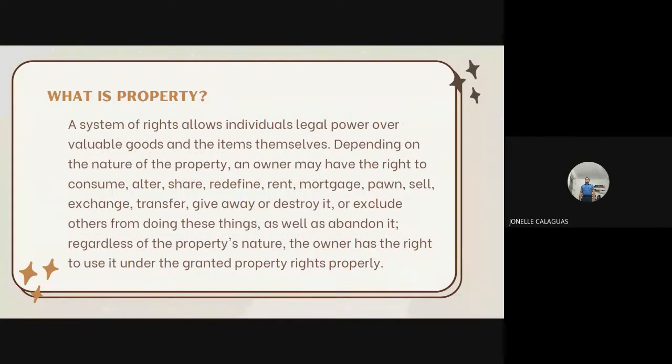What is property? A system of rights that gives individuals legal power over valuable goods and the items themselves, depending on the nature of the property.